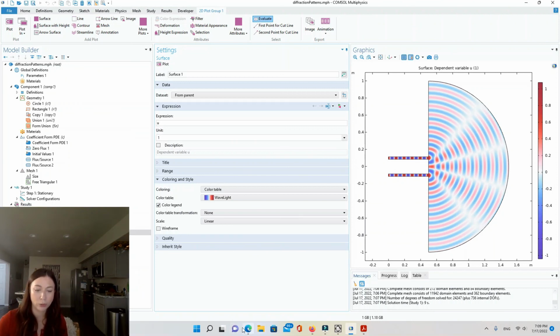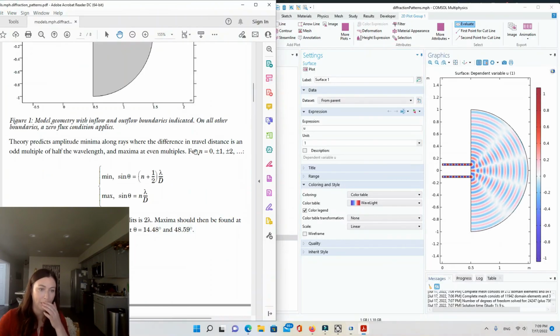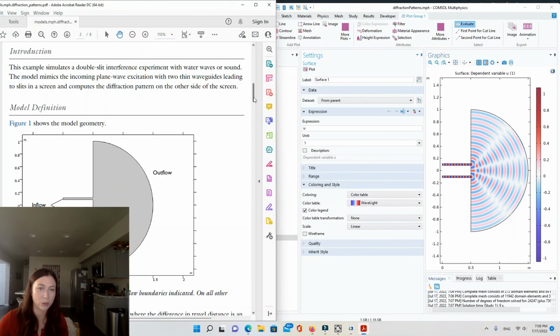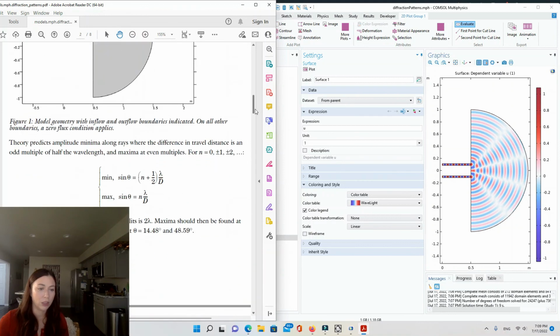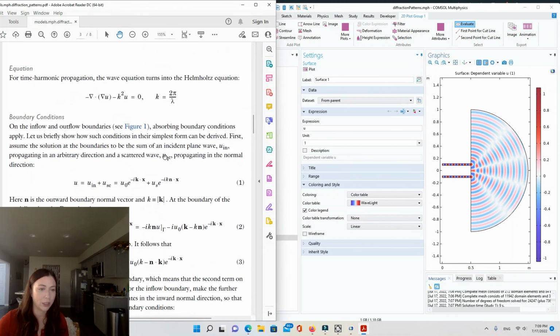And remember, u is our total wave that takes into account the incident wave and the scattered wave. u equals u_in plus u_sc.